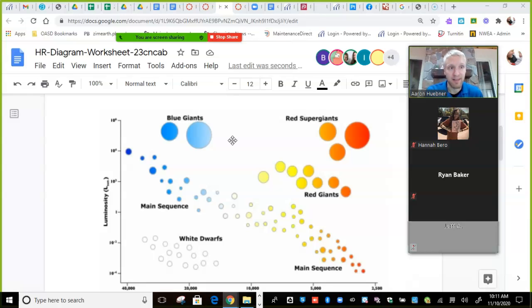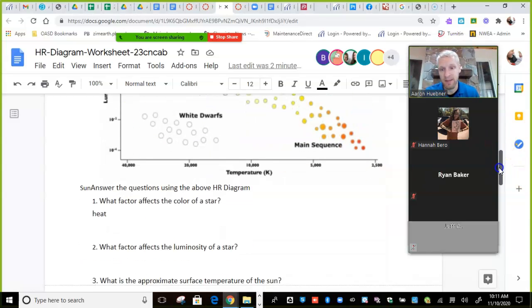And so to a lesser extent, it's going to be the heat. So the biggest factor is size. Secondary to that is going to be how hot it's burning. And that does have to do with the composition. If it's closer to maybe undergoing a supernova, it's going to be brighter. So a number of factors. We've got size, then heat, composition.